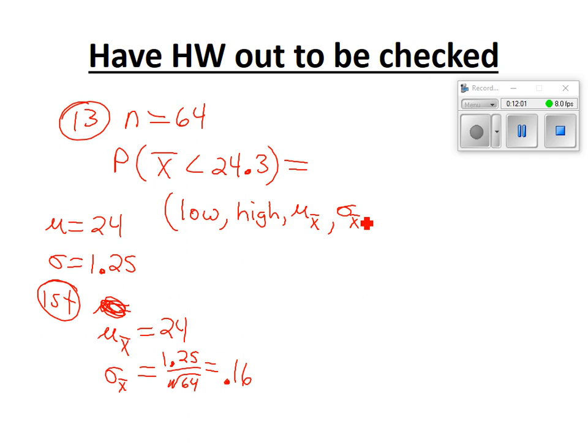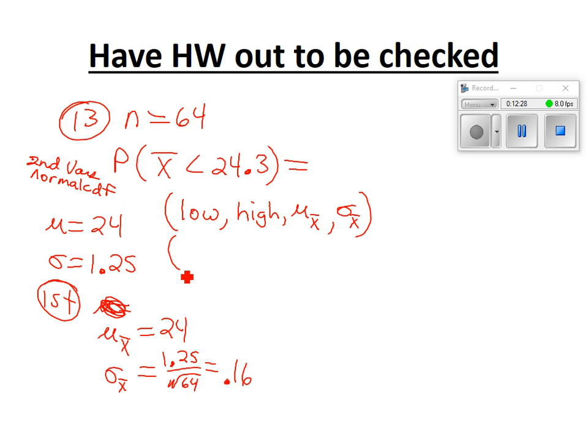All right, so we're going to punch in those 4 things into our calculator. What do we hit first on our calculator? Second bars. I'm hoping you have all this written down somewhere. Normal CDF. We're going to actually use this same setup today. Second bars, normal CDF. This time, what's our low limit?